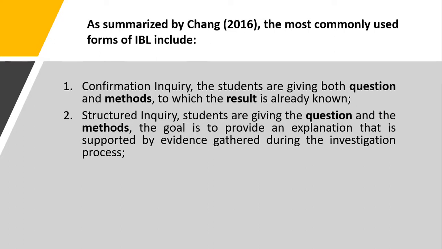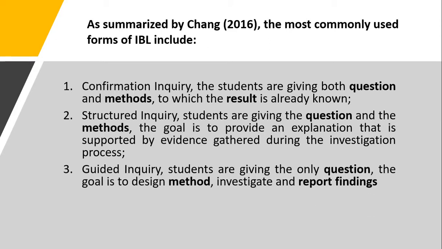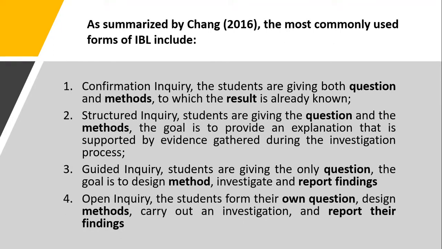The goal is to provide an explanation that is supported by evidence gathered during the investigation. Number three, guided inquiry: students are given only the question. The goal is to determine the method, investigate, and report. Number four, open inquiry: the students form their own questions, determine their own method, carry out an investigation, and report their findings.